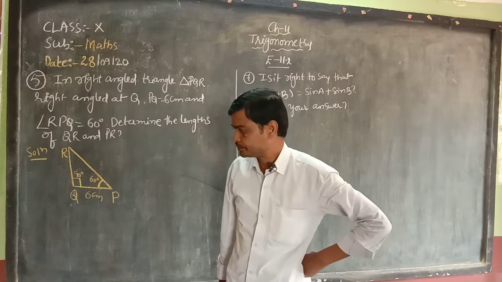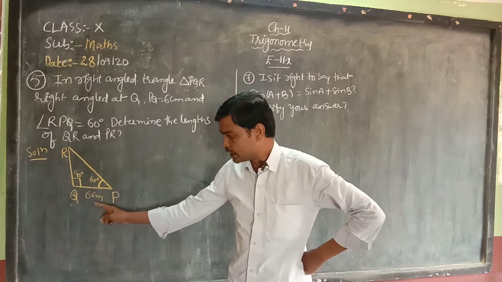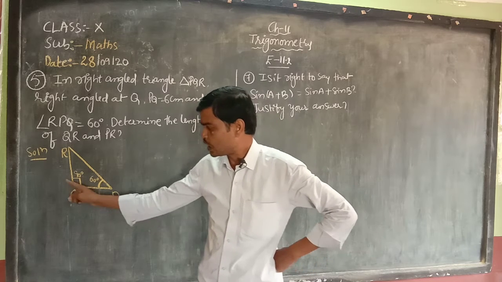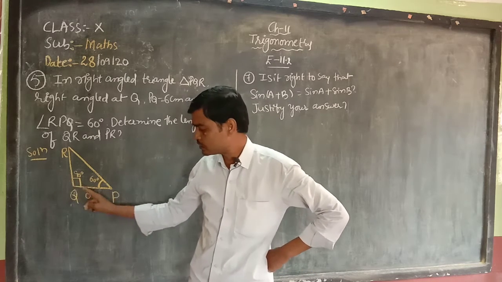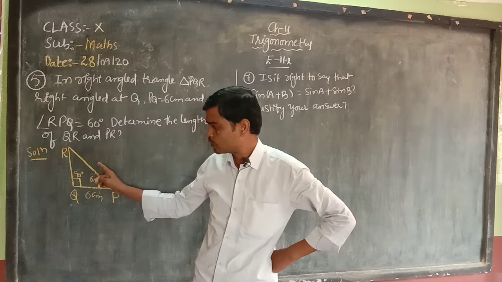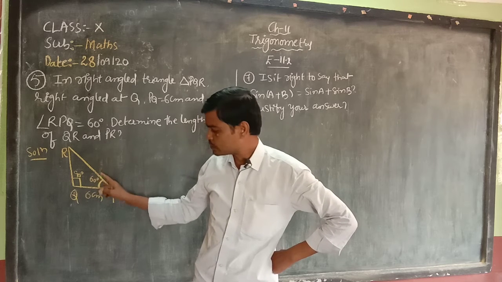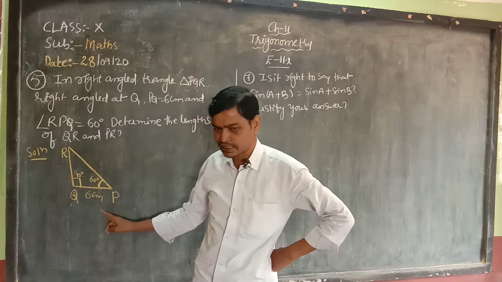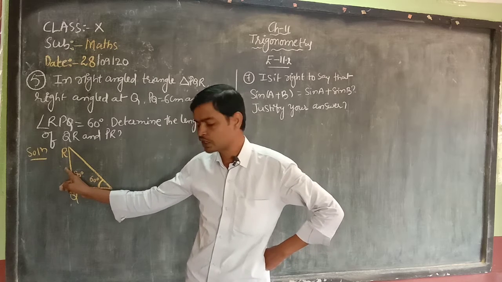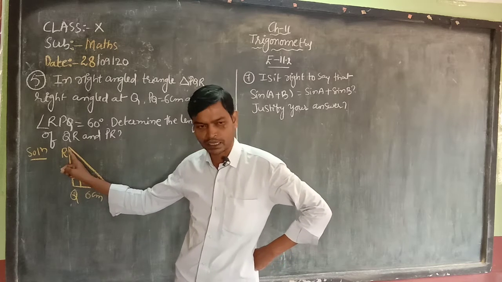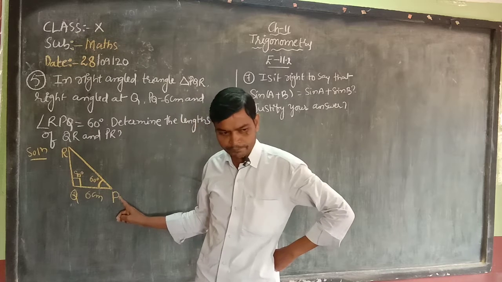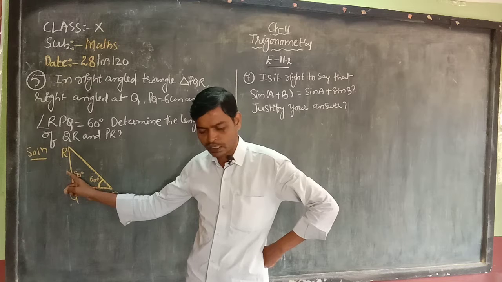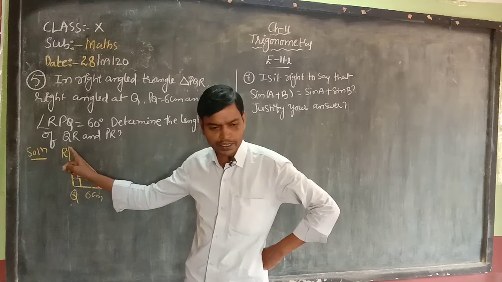So here the relation between adjacent side to opposite side, or else the relation between adjacent side to hypotenuse, because we have mentioned the angle at P. For the angle P, the adjacent side is PQ, the opposite side is QR, and the hypotenuse is PR.